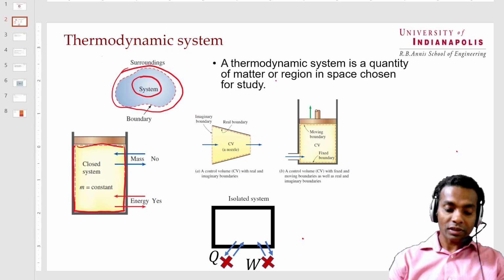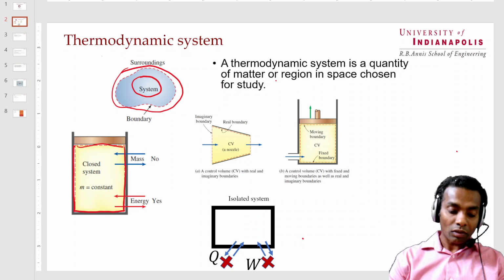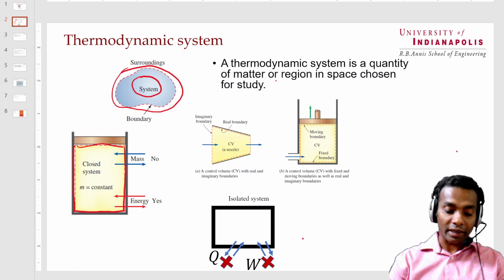And systems in thermodynamics can be categorized into two broad categories. One is closed systems, the other one is open systems. In closed systems, the mass cannot enter or leave the system. So at any given time, the mass inside a closed system is constant.